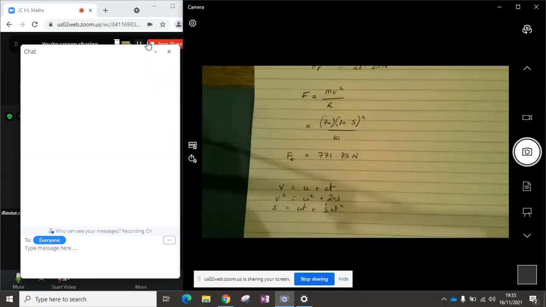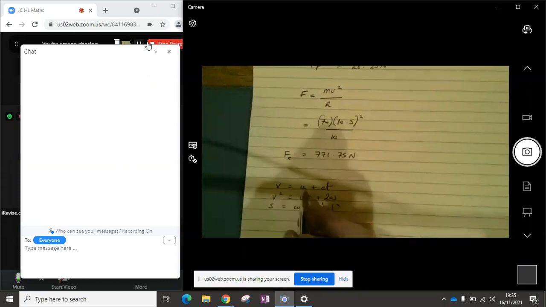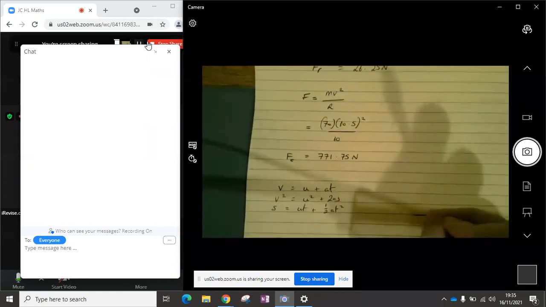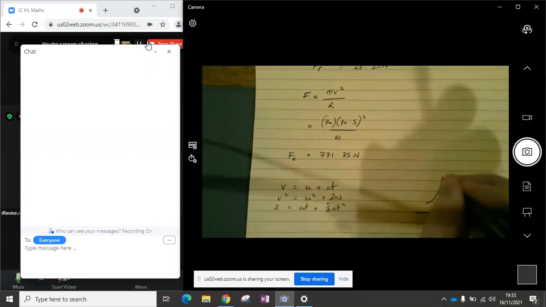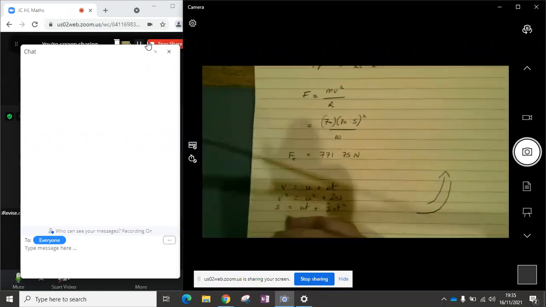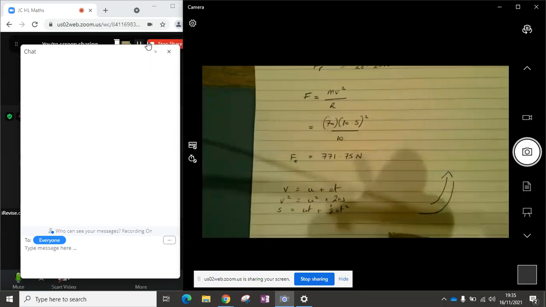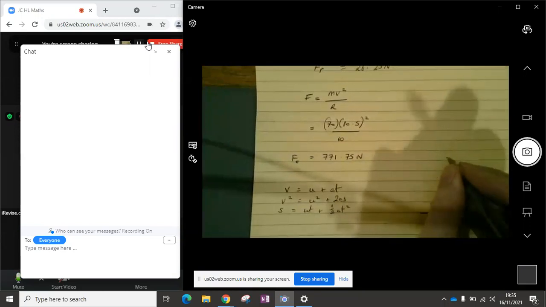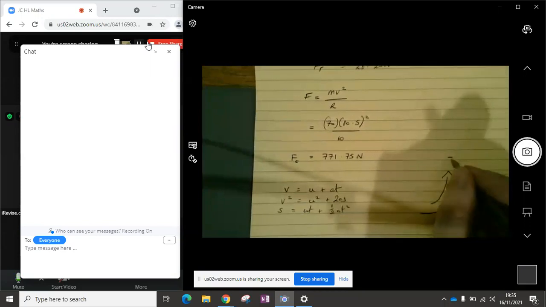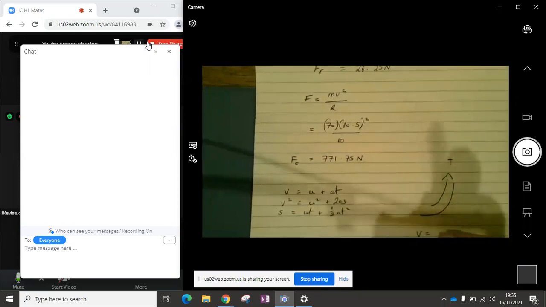At his maximum height, he's going to be still for a second before he comes back down, so his final speed is 0.